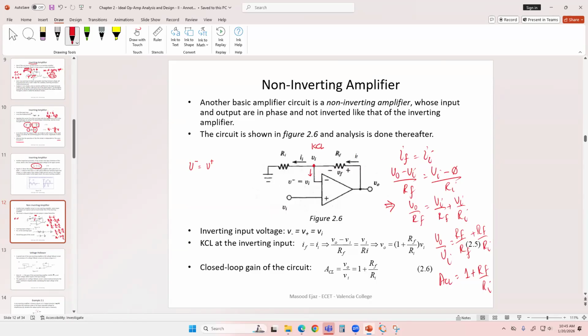If you have any question, please ask me. Again, it's given over here, I just did it in front of you again. So all you are doing is assuming the ideal condition, and then applying KCL at the inverting node and applying Ohm's law. That's all you're doing.